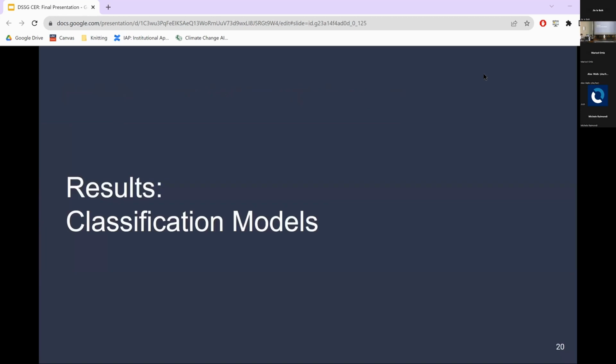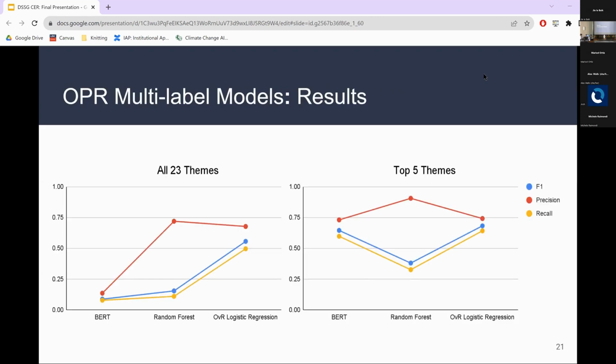So I'm going to go into some of the results for our classification models. First, we have the OPR dataset. Just before I get into the results, I'm just going to say precision refers to how often the model is correct when it predicts a label, and recall tells us how many of the labels that CER assigned the model is able to identify. And so on the left-hand side, we can see all 23 themes.